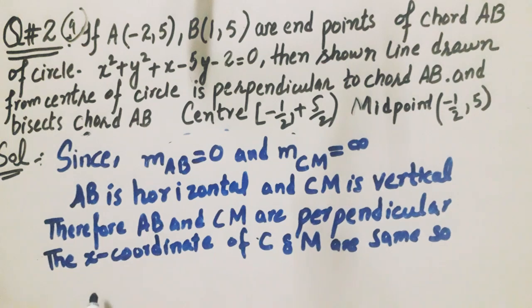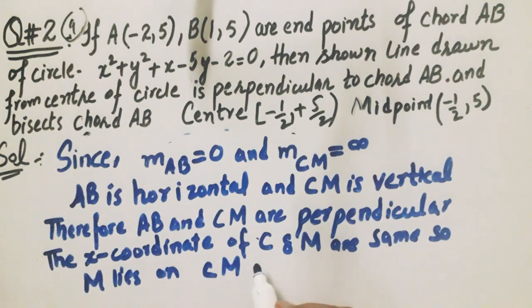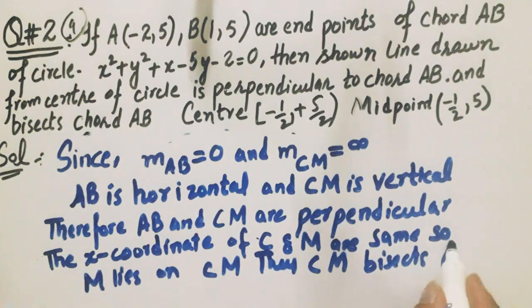So M lies on CM. Thus, CM bisects the AB. Now this is the solution for the A part.